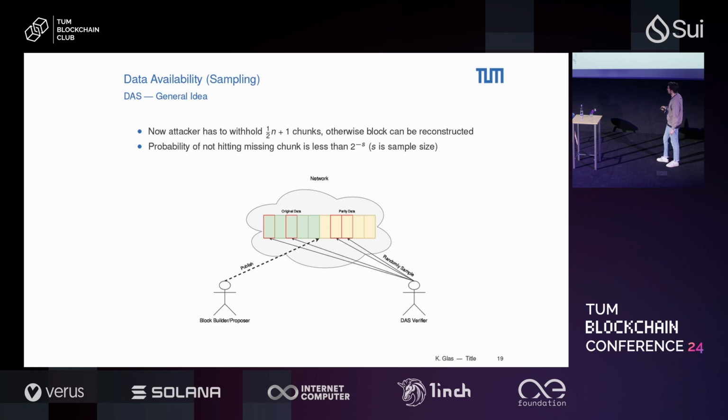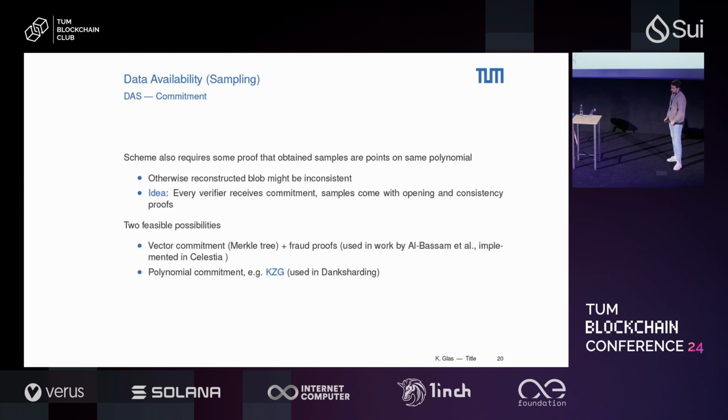And the probability of not hitting one of those missing chunks when we sample random indices decays exponentially. So it's 2 to the power of minus s. Therefore, if we increase our sample size, we quickly get to a point where the error is kind of insignificant. So that's the general idea with erasure coding.